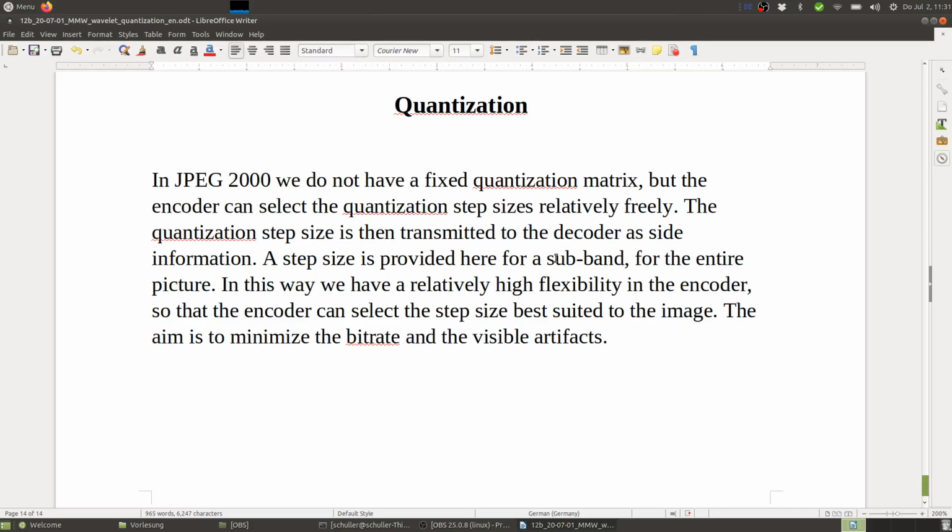Right? So we say we have this quantization step size for this subband, and this is then valid for the entire picture. In this way, we have a relatively high flexibility in the encoder, so that the encoder can select the step size best suited for the image or the desired quality. The aim is to minimize the bitrate and the visible artifacts.